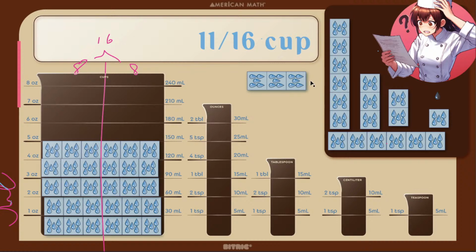Now that leaves us with one more. This 11/16 is also 4 ounces and a half, but this is unrealistic because we can't just pour it and have one side uneven in a cup. So instead, we're gonna have to delete that and just put a tablespoon into our tablespoon beaker because that's 1/16. So overall, we have 11/16, aka 5 ounces and 1 tablespoon.